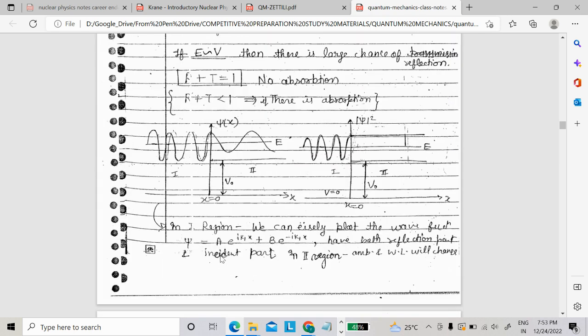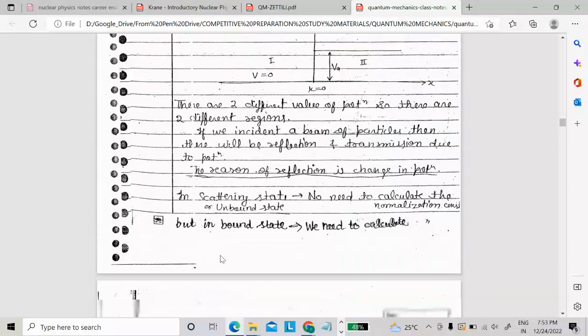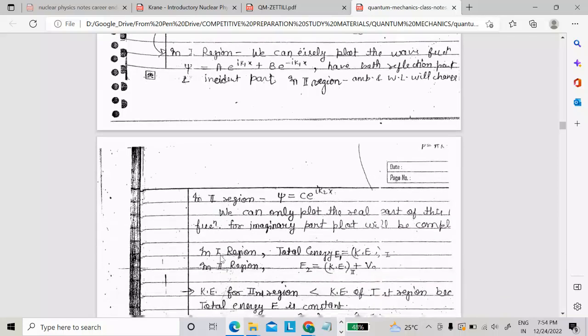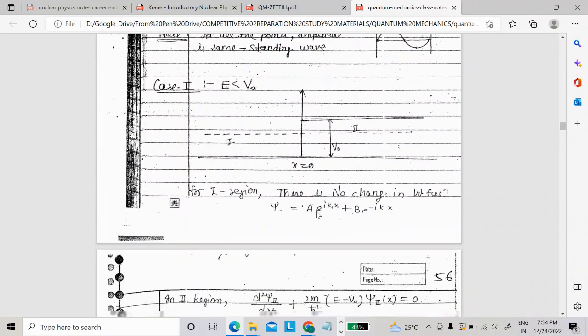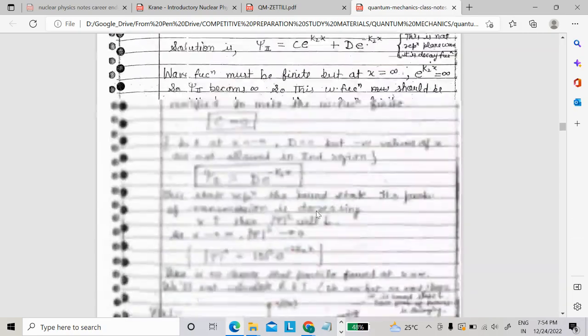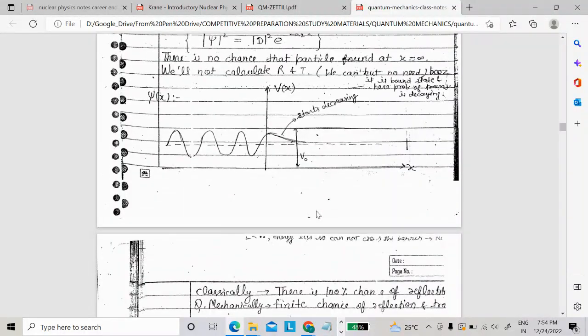Earlier the particle has more kinetic energy than on this side, so when it arrives at the right-hand side the kinetic energy decreases, the momentum decreases, and the wavelength increases. For the E less than V naught case, there will be a decaying function on the right-hand side, because the probability of finding the particle on the right-hand side will decay.